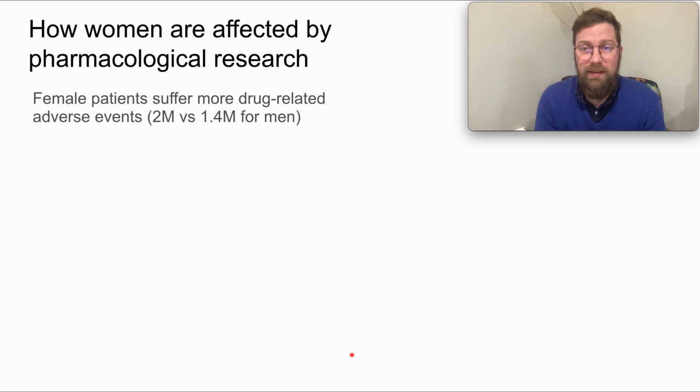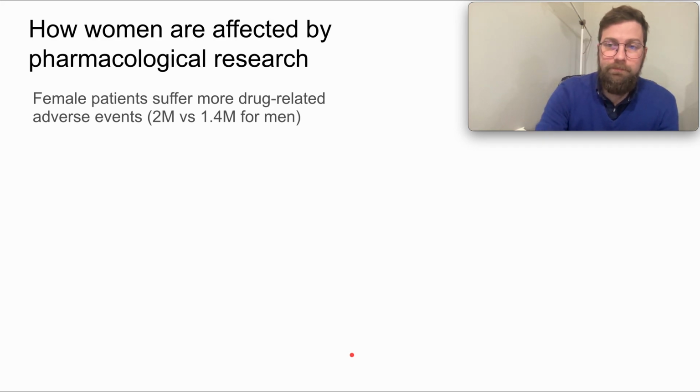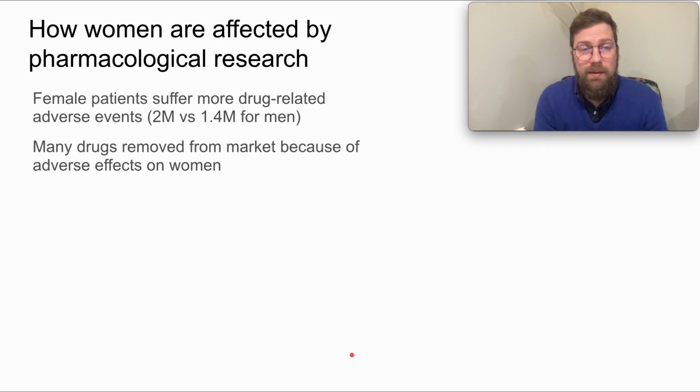So in our reading by Nowogrodzki called Inequality in Medicine, she points out that female patients will often suffer more drug-related adverse events than men. Over a stretch of time, there were 2 million adverse events for women compared to 1.4 million for men. And many drugs that were put on the market and then removed for being problematic or unsafe were removed because of adverse effects that were only occurring with women.